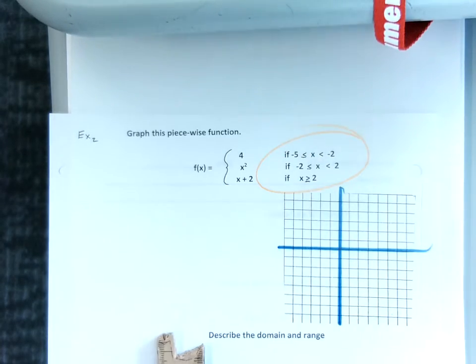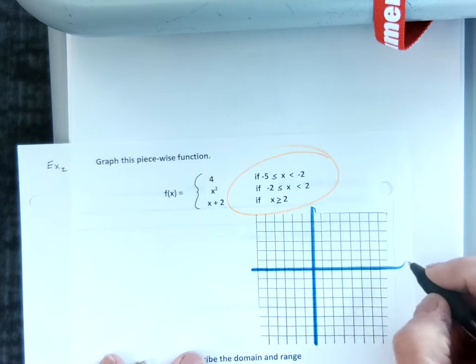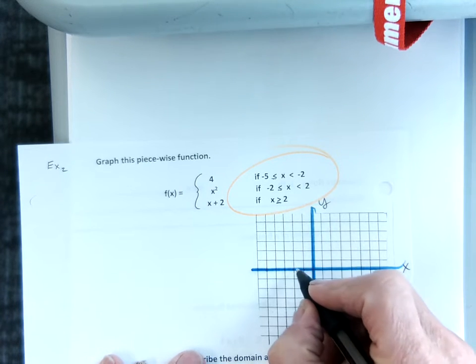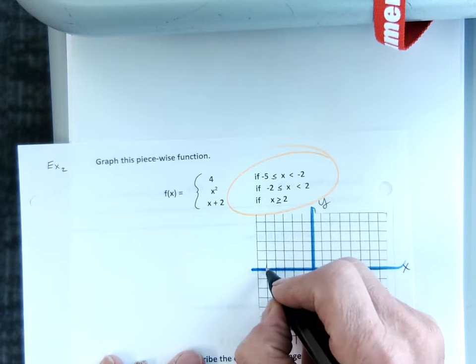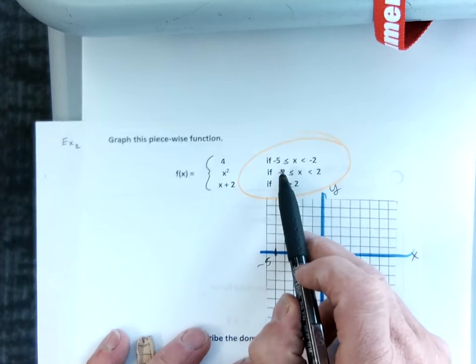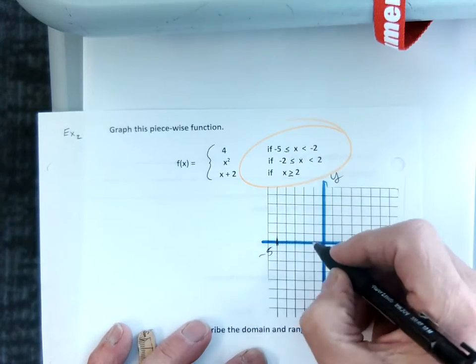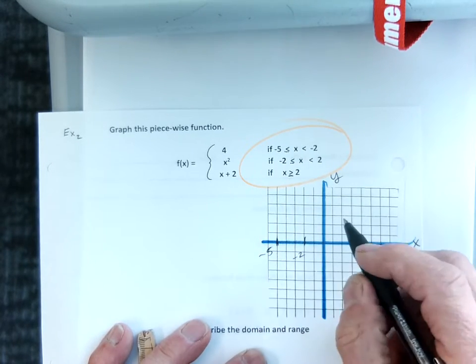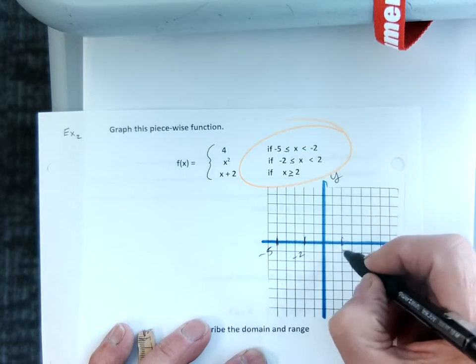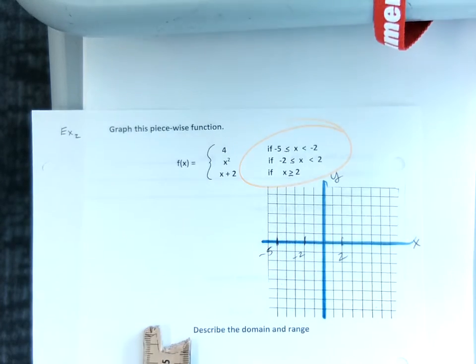Right, x-axis, y-axis, 1, 2, 3, 4, 5. So at -5, I'm going to put a boundary. At -2, I'm going to put a boundary line. And at +2, I'm going to put a boundary line, okay?